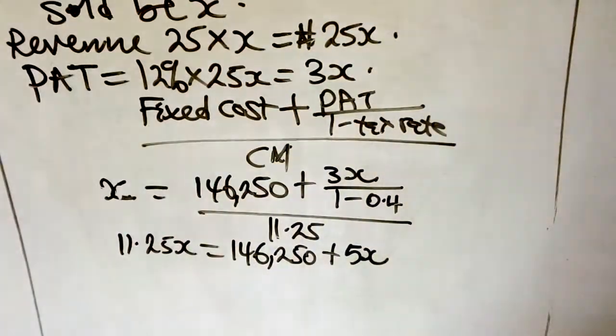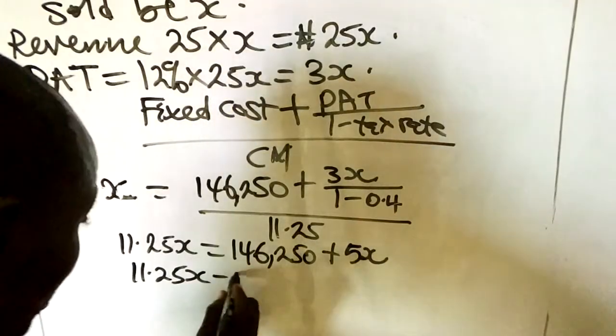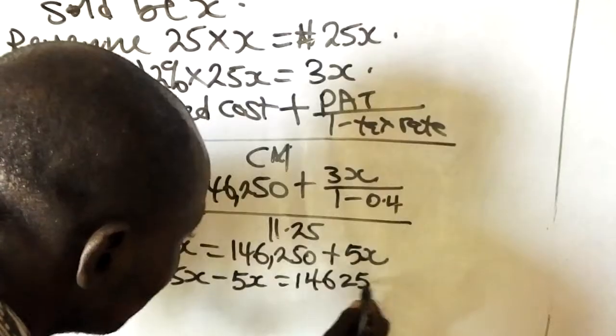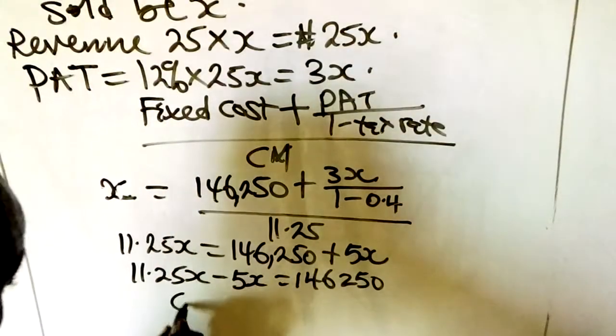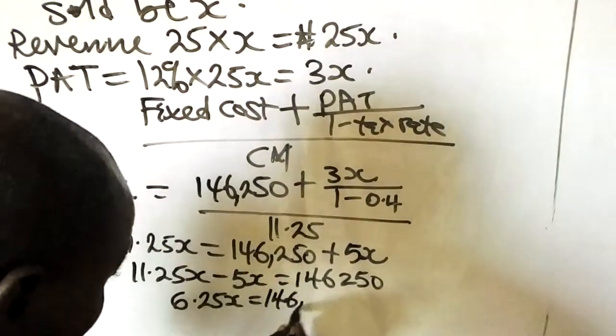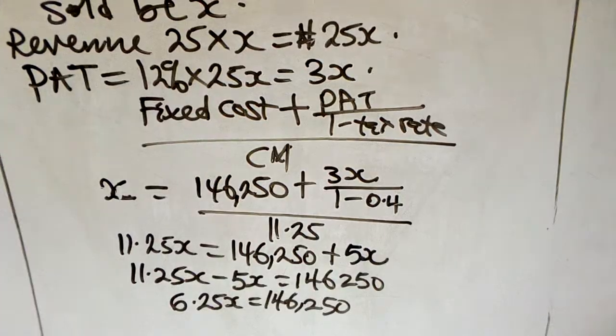To solve for x now, you collect the like terms. You have 11.25x minus 5x equal to 146,250. So when you subtract this, you have 6.25x equal to 146,250. To get the value of x, you divide both sides by 6.25.